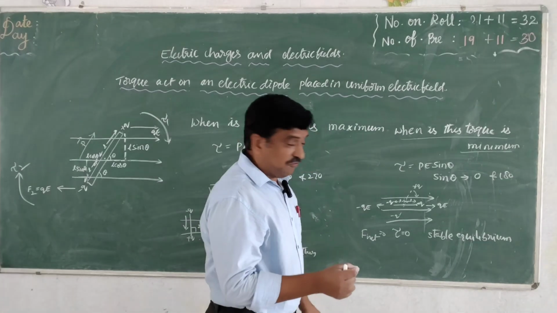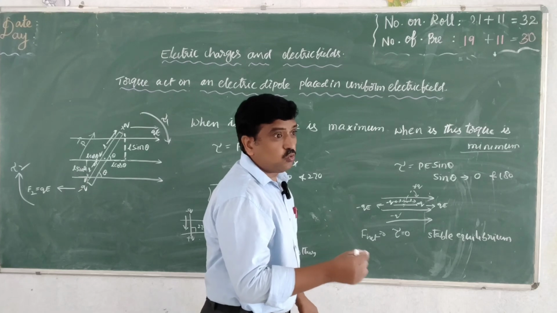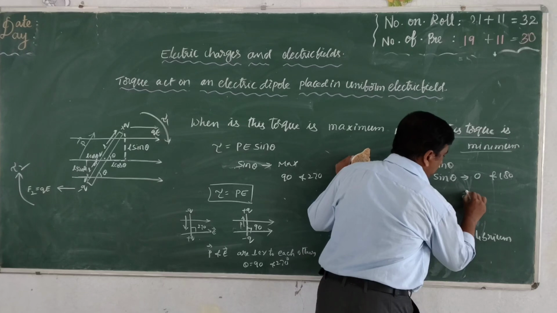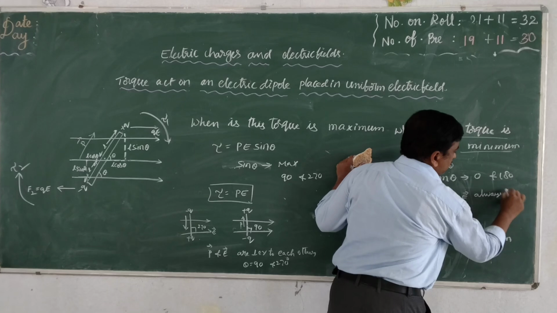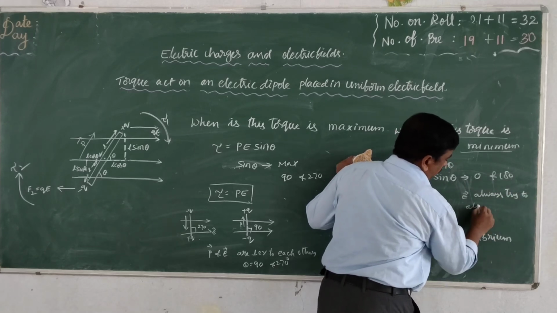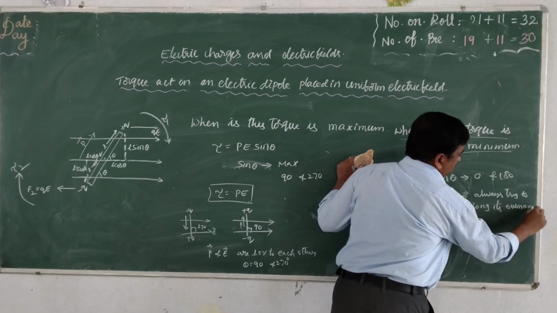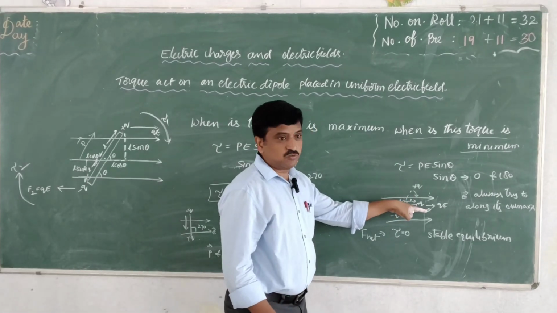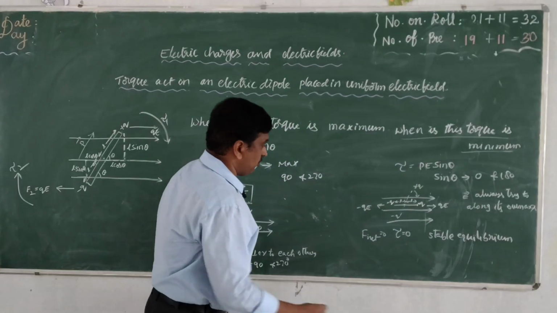The electric field always tries to keep the dipole along its own axis. That's why when the electric dipole is slightly displaced, it again gets its original position. So this we call stable equilibrium.